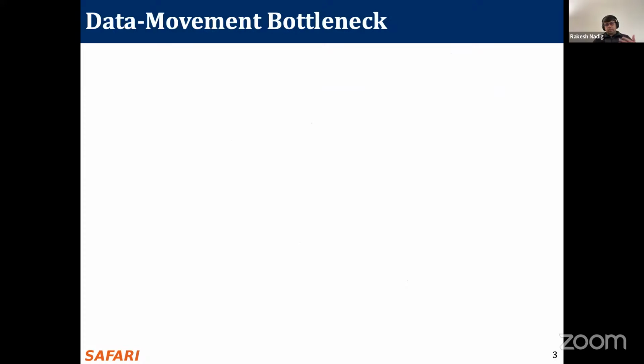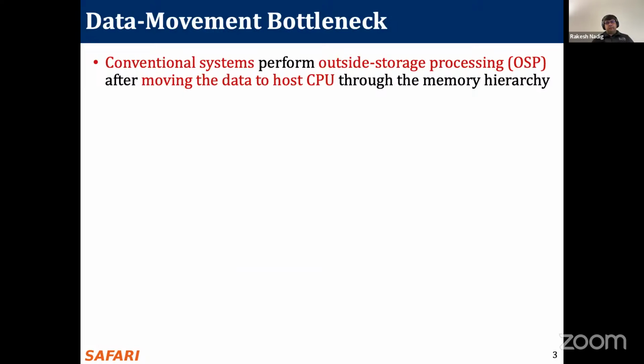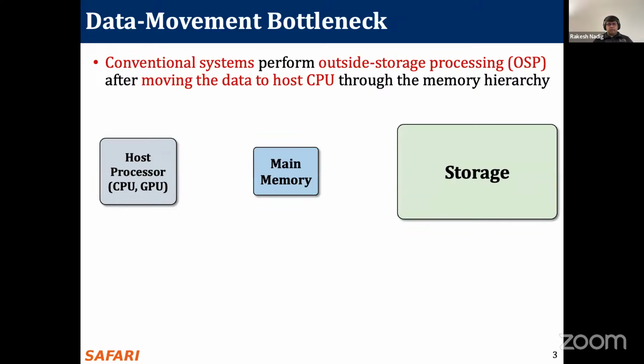Now, let's look at the data movement bottleneck in a bit more detail. Currently, these operations are performed using what we call outside-storage processing, by moving the data to the host CPU through the memory hierarchy, as I mentioned. Here we have a representation to show how this happens. We have the host processor, which could be a CPU or a GPU, and the main memory and the storage.